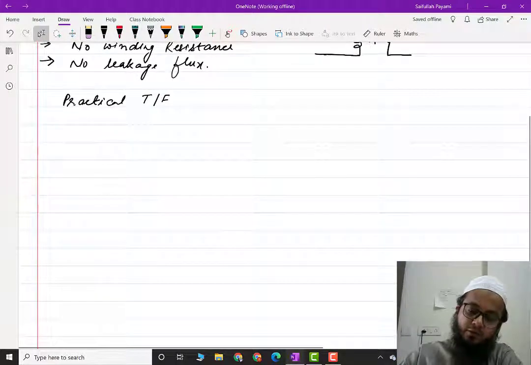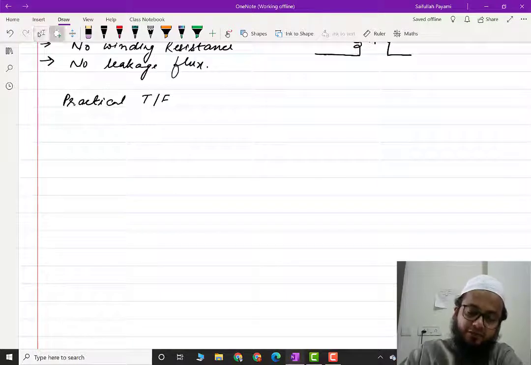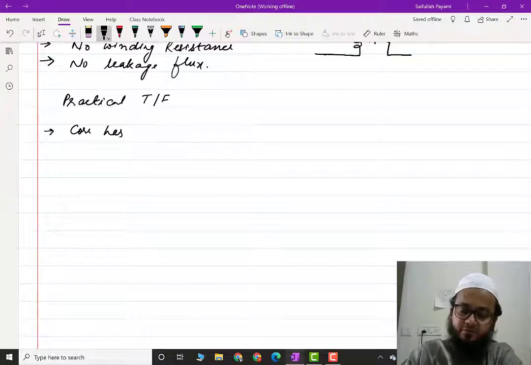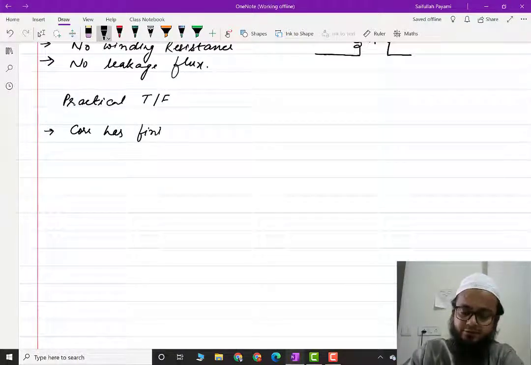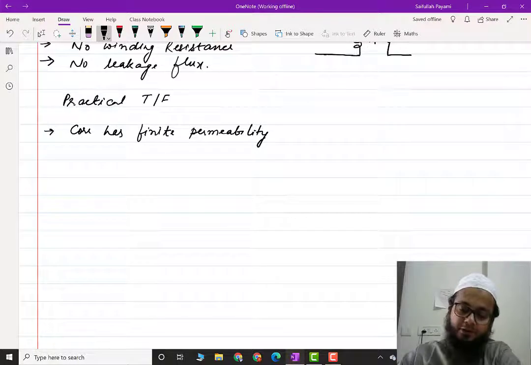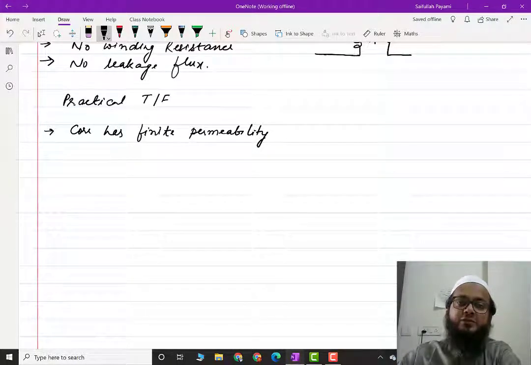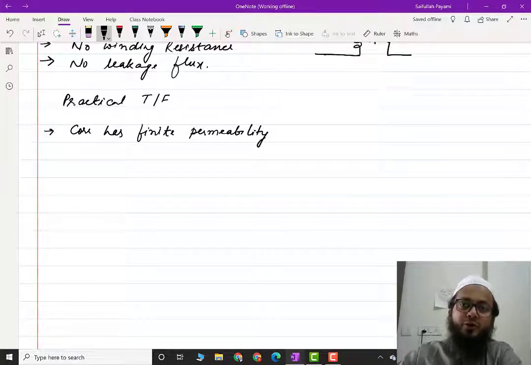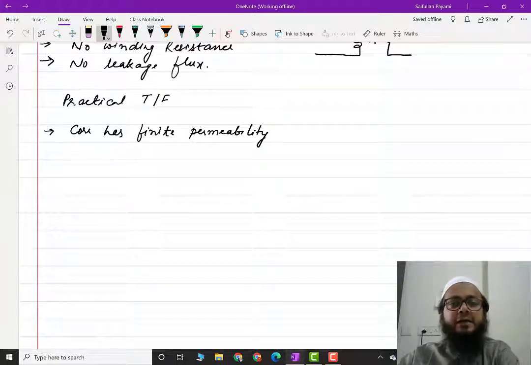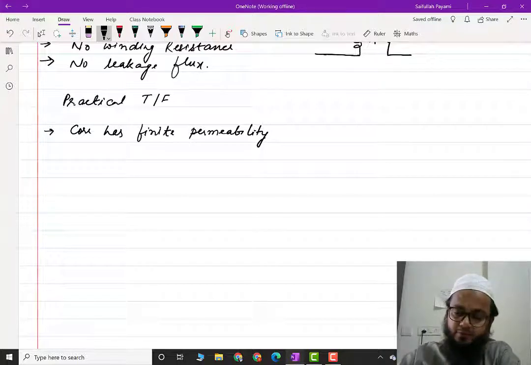Okay, so in a practical transformer, the first condition which I would be removing is that the core has finite permeability. That means to establish a particular amount of flux in the core, some MMF is required. Equivalent to MMF, some magnetizing current would be required there.